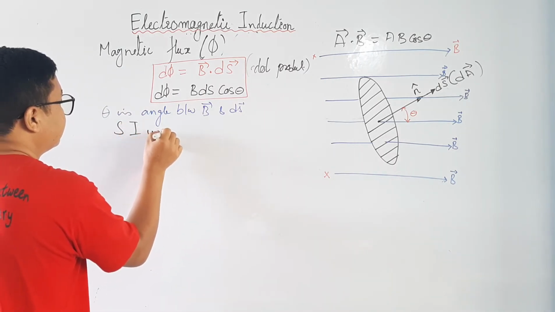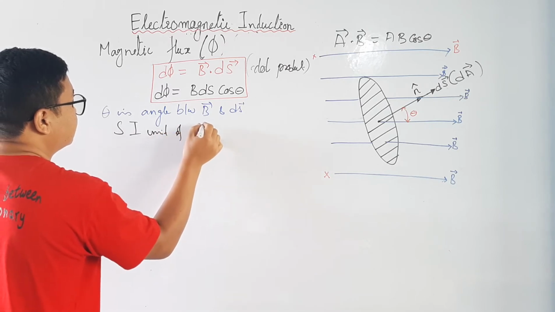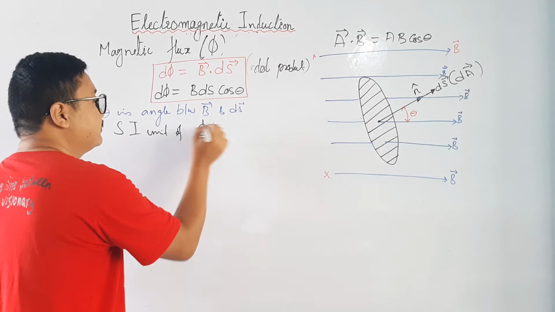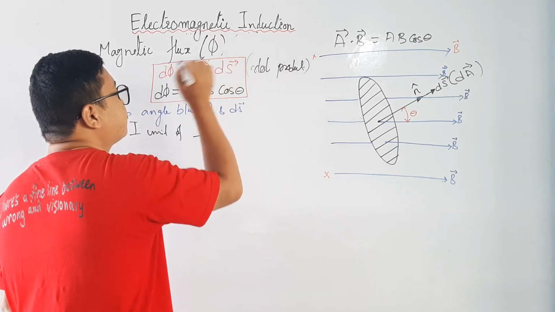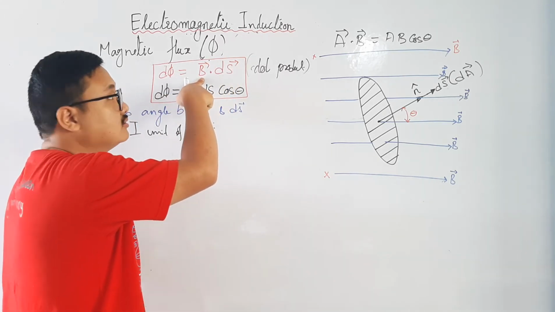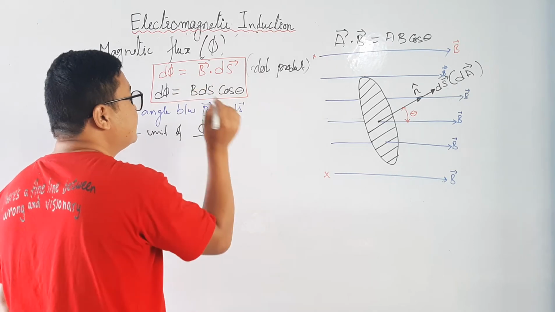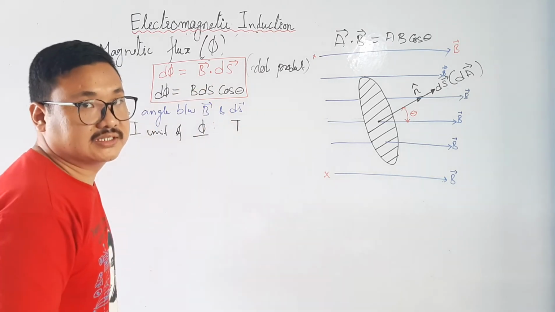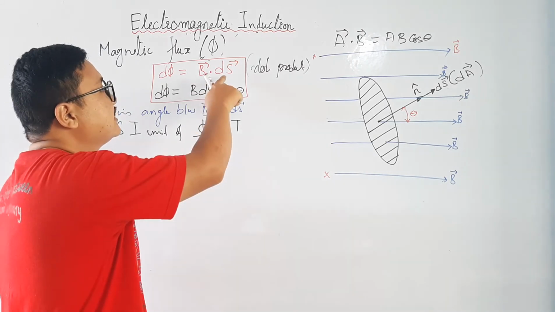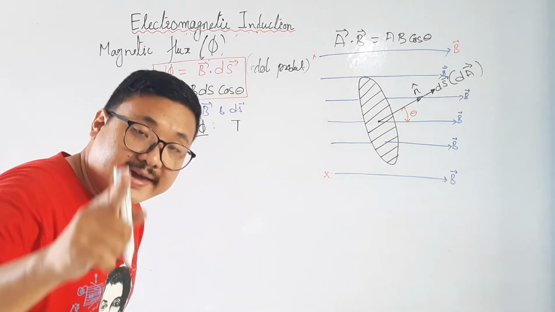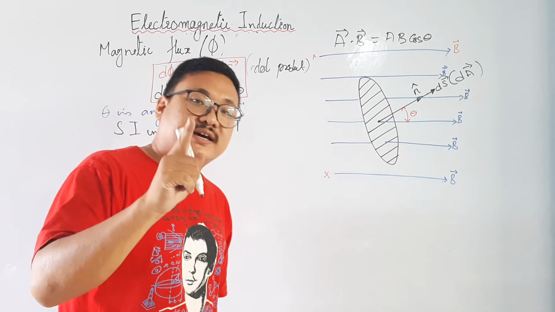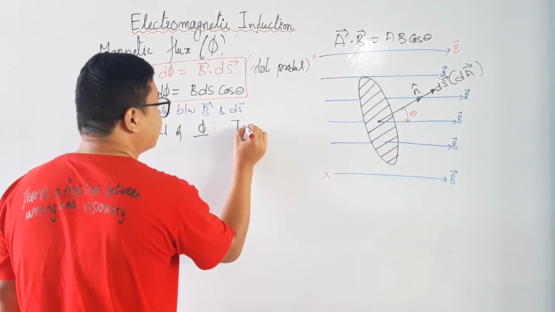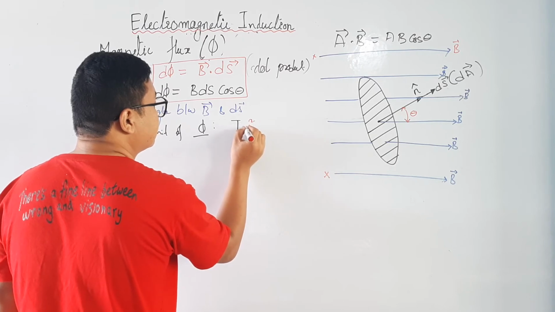SI unit of phi, that is magnetic flux. If you see here, magnetic flux is equal to B ds. B is the magnetic field and its SI unit is Tesla, that is T. And ds is area, and area has the SI unit meter square.